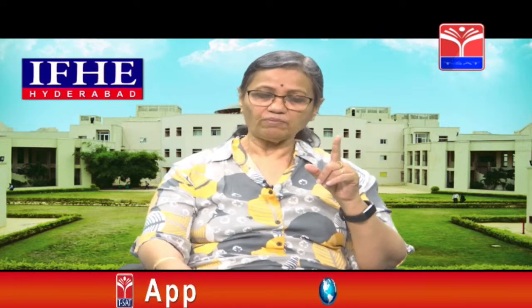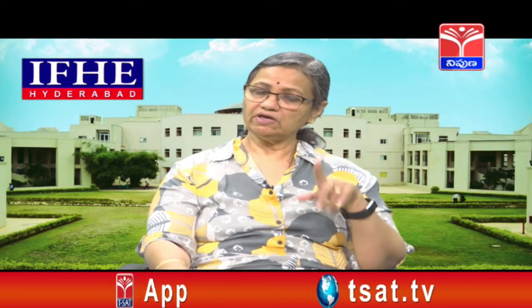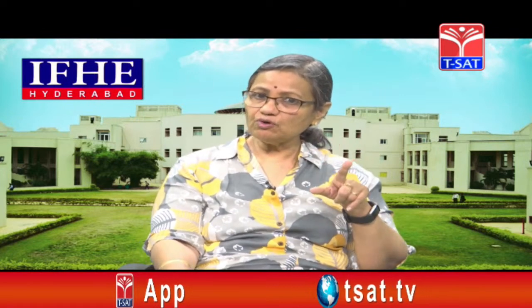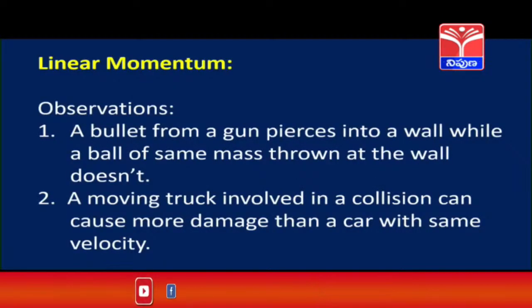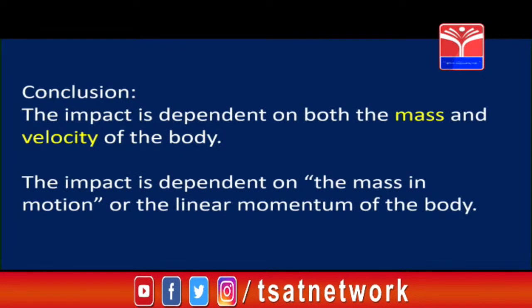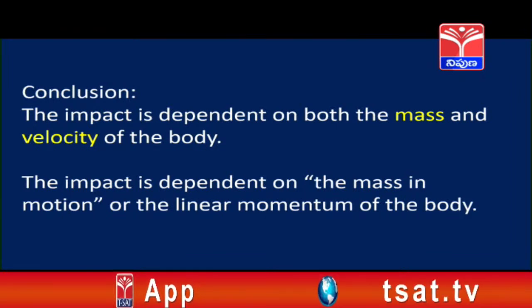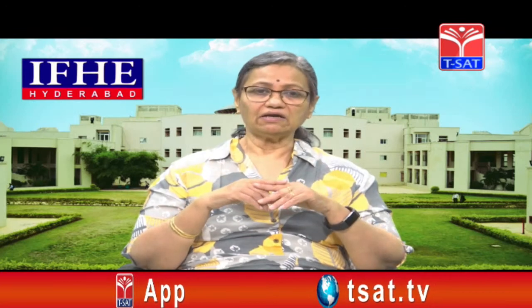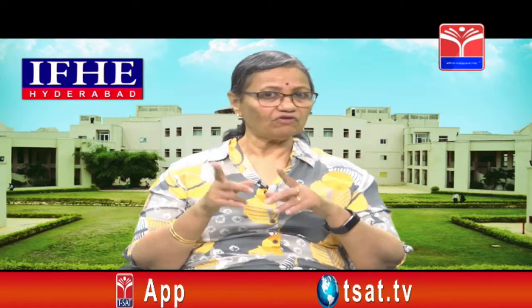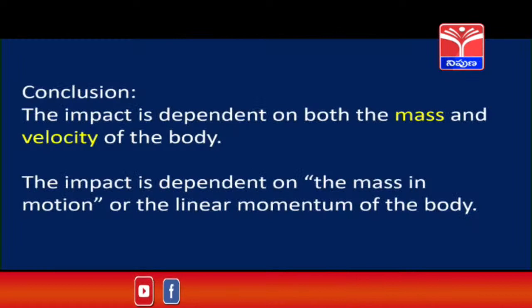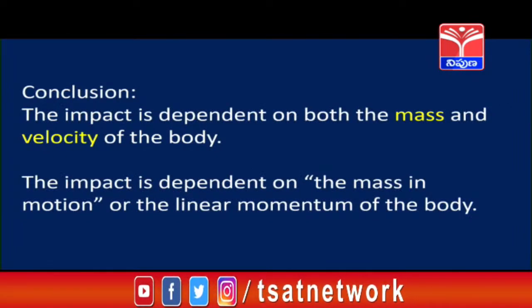Let us for a minute go back to our two examples. We have seen that mass plays a role, velocity also plays a role. So, based on these observations, first of all, let us look at the conclusion we are going to make. The conclusion is that the impact or the damage done depends on both the mass and velocity of the body, or the impact is going to depend on one physical quantity which involves mass and velocity.